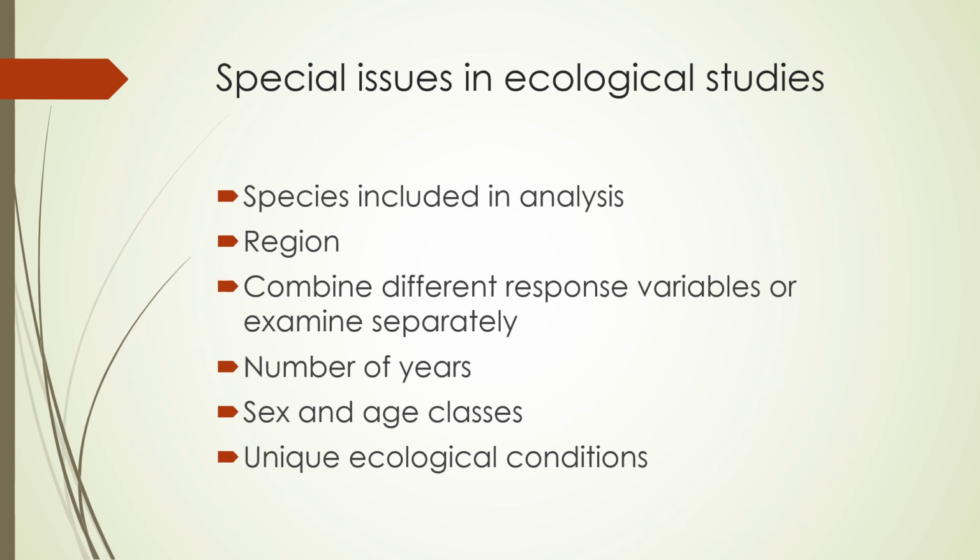So then the question is, is that a general result that we can use to talk about the effects of habitat on this species in general, or is that such a unique condition that we want to exclude it? Of course, you could have the opposite, where you have periods of really wet conditions. And so again, you need to consider whether a study was done in a situation that was so different from everything else that it really justifies not including it in a meta-analysis.